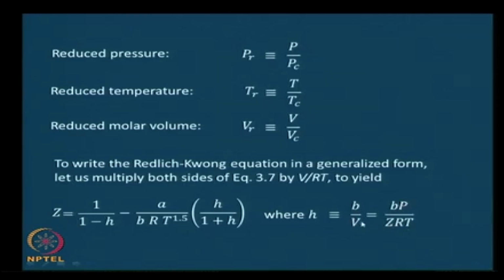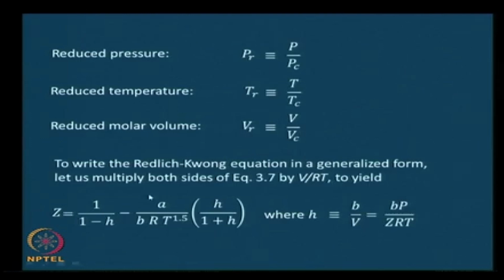Now, V can be written as ZRT by P, and therefore you get BP by ZRT. What I would like you to do is not take this at face value. There are some derivations we may have to skip because of the scope of this course itself, but in this case it is a straightforward substitution in terms of critical properties and finding this particular expression.